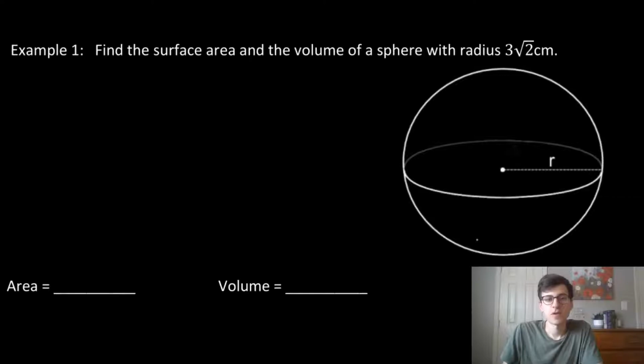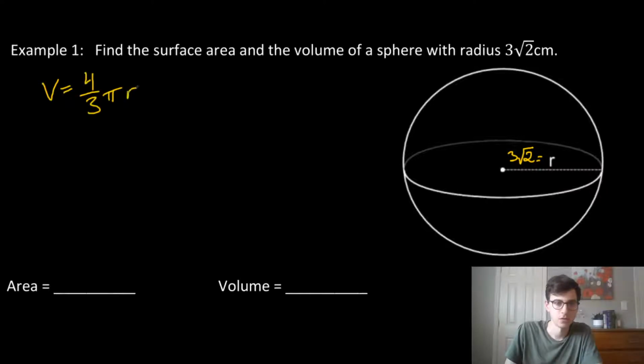Let's look at this example. Find the surface area and the volume of a sphere with radius 3√2 centimeters. Okay, so we're given the radius, it's 3√2. And just to remind you of our formulas, volume is 4/3 pi r cubed. So let's go ahead and find the volume.